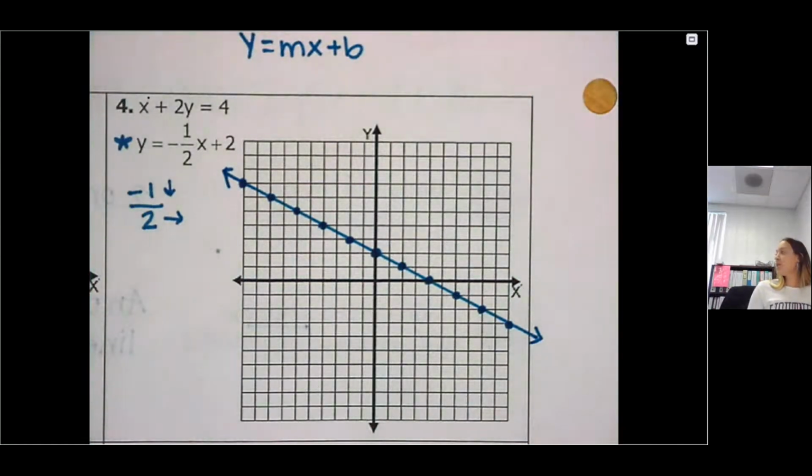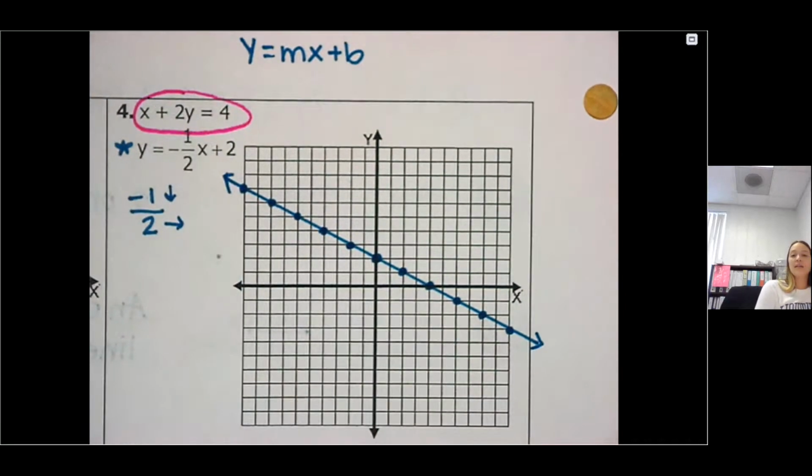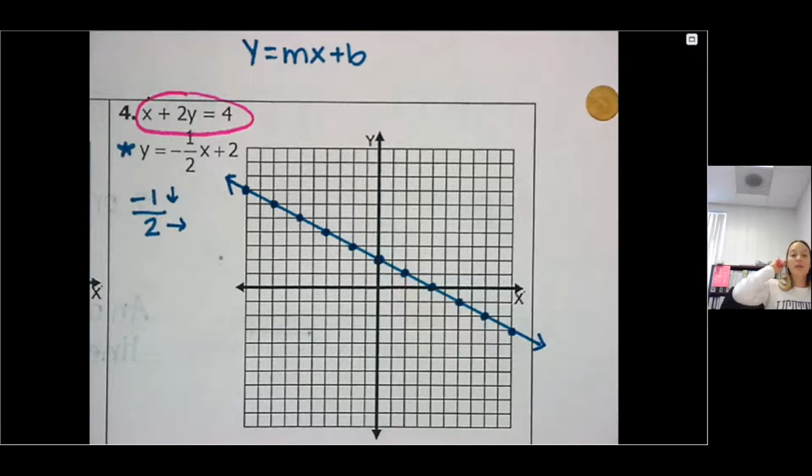Okay, there's one of the equations. I still have to do the other equation. This equation is not written in the correct form. I have to rewrite it in the form y equals mx plus b, so we have to do a little bit of algebra.